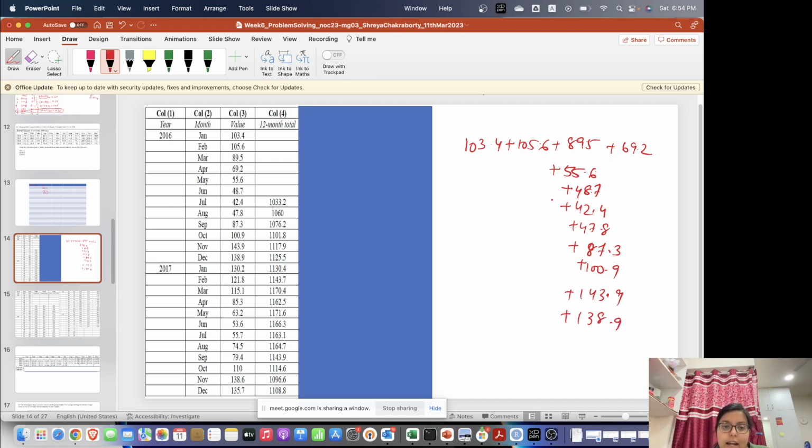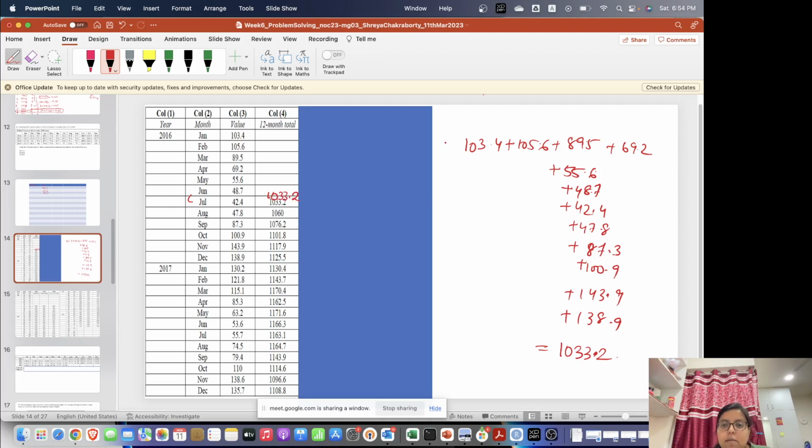So if we add all of these up, we'll get 1033.2, and we are going to write it in the center. Like here we would write 1033.2.